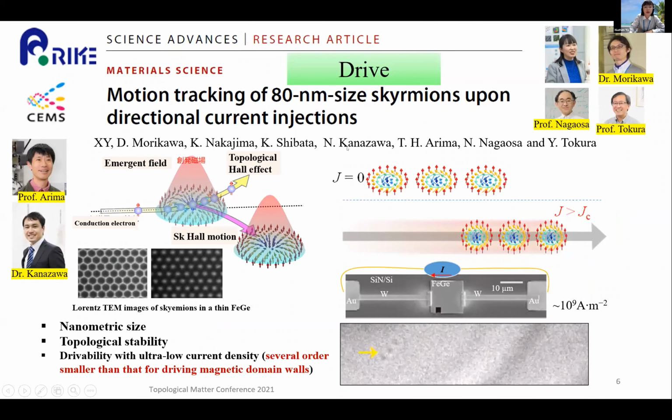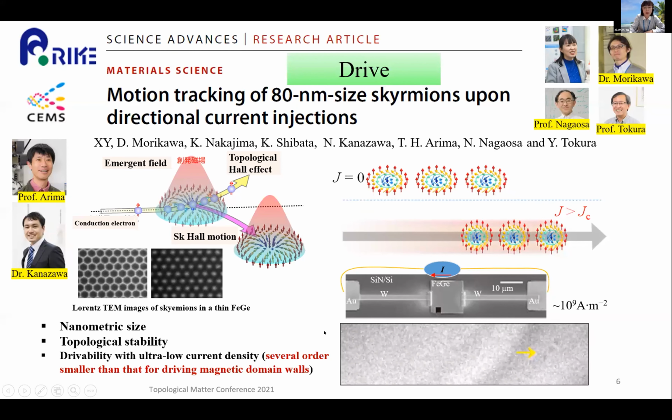So actually, this is the first demonstration of electron current driving a single skyrmion and a skyrmion cluster in chiral lattice magnets.